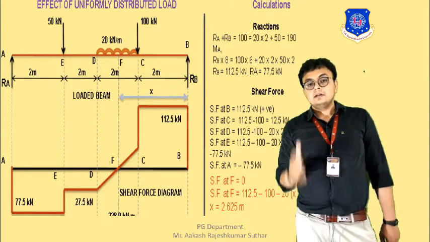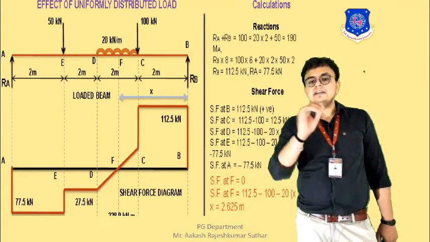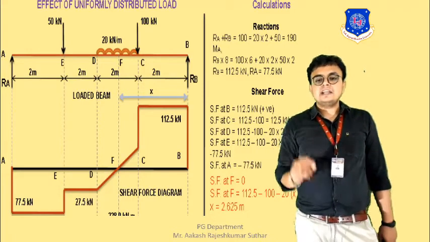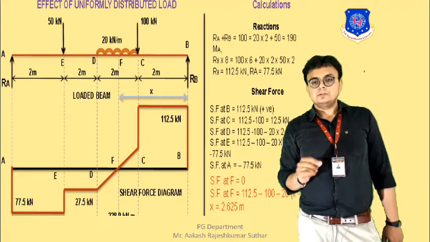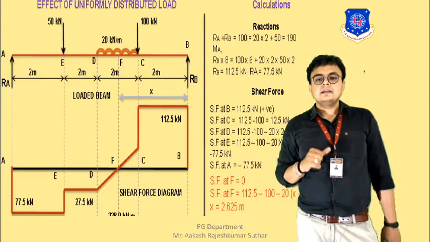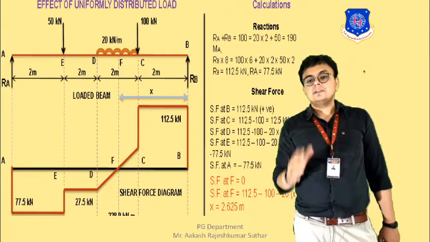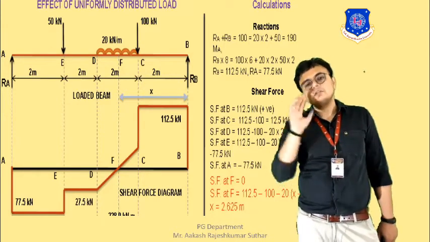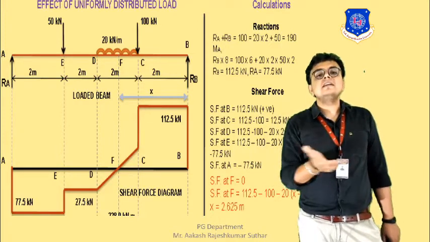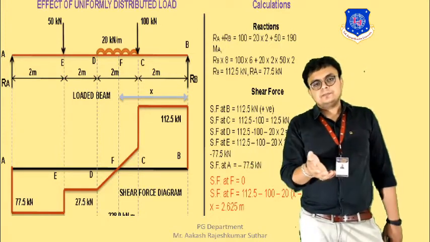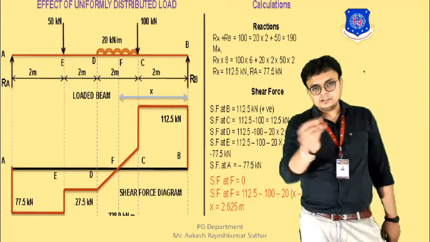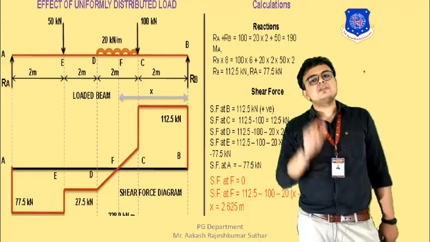Now we need the shear force at E. Previously at D we got minus 27.5 kilonewton, and that will be constant till E. Moving from D to E, the shear force is constant, that is minus 27.5.